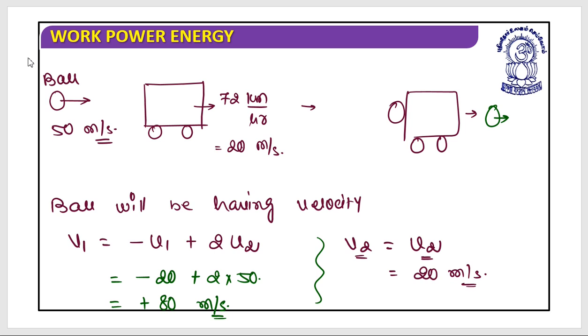So the truck will continue to move with the same speed, but the ball will have a higher velocity. I hope this is clear. Will you be able to solve this kind of question? Great.